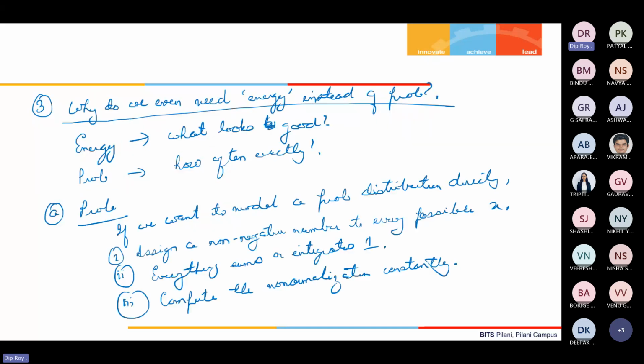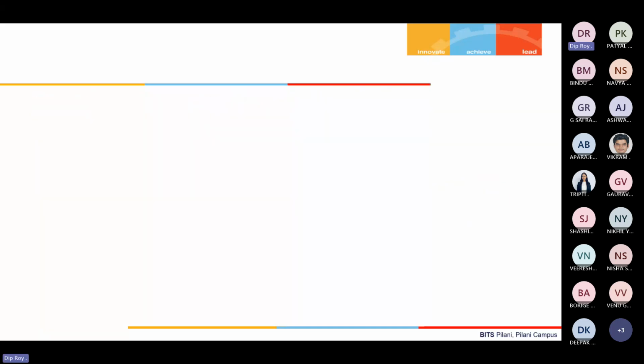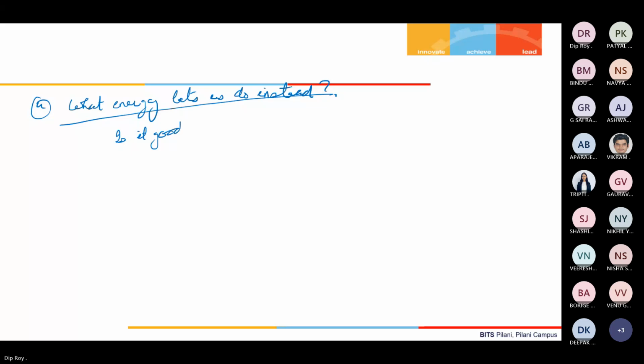Now, what benefit does energy give us from this perspective? What does energy let us do instead? The energy function only answers a simple question: is it good or bad?